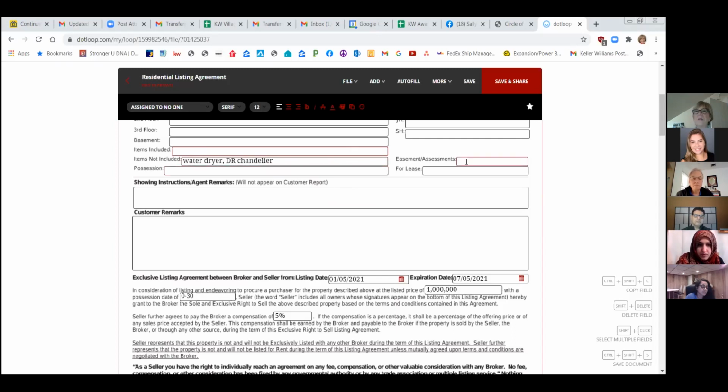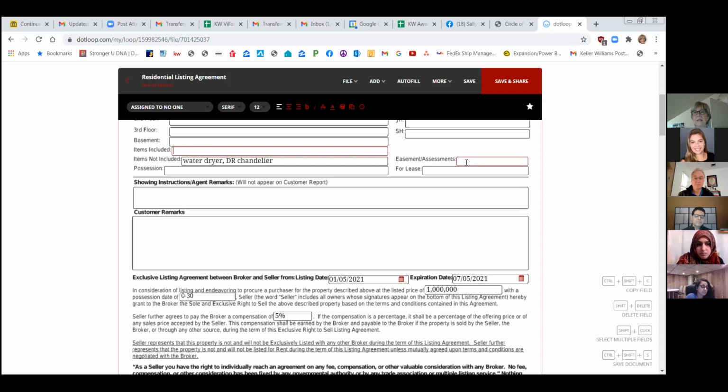Okay, next we come to easements and assessments. So an easement is when someone else is allowed to use a part of the property for some purpose. An example is sometimes the water company might have an easement which enables them to go on to a property if there's a water pipe running underneath someone's property.